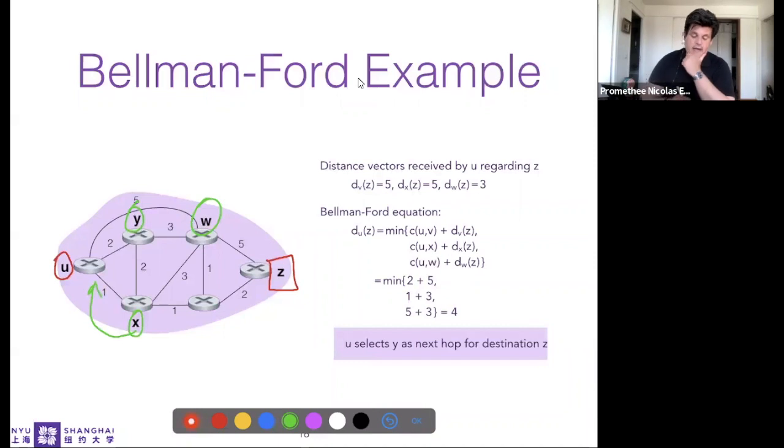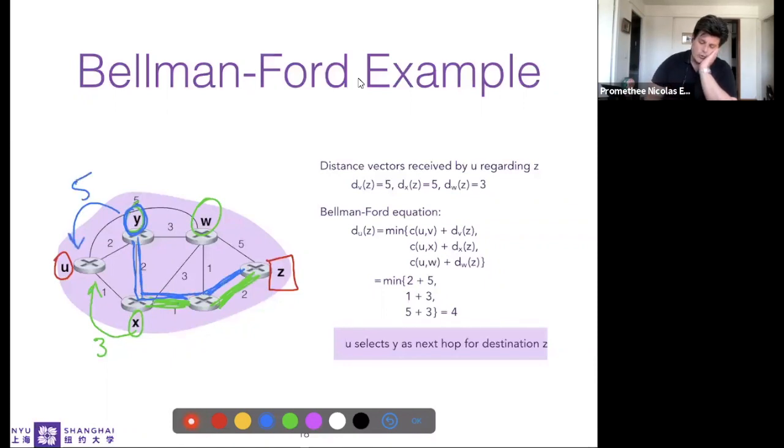I think that the slide is not good, but anyway, this is the path known to Z. Let's see about Y. What is the distance from Y to reach Z? The shortest one, 5, right? Because I can go here, it's 1 and 2, right? So I will advertise 5.